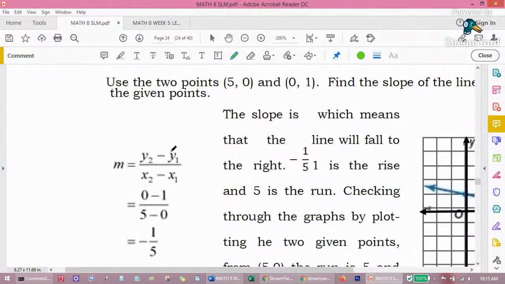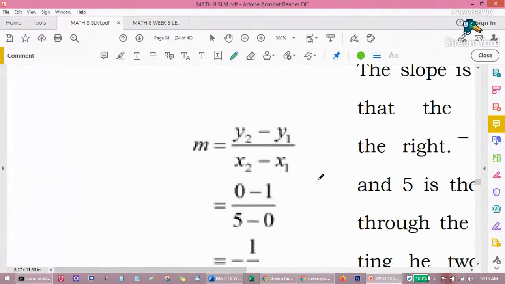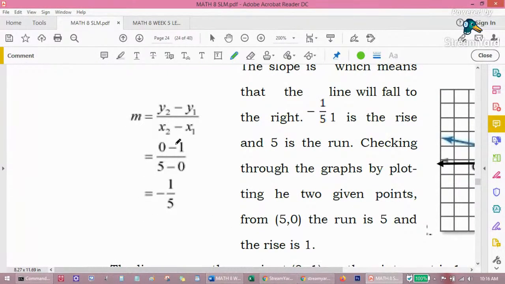Ulitin natin. Yung y is 0 minus 1. And then yung mga x naman is 5 minus 0. Okay? So, 0 minus 1, since ito is 0, yung negative 1, pag binawasan, dinagdagan mo ng 0 is negative 1.